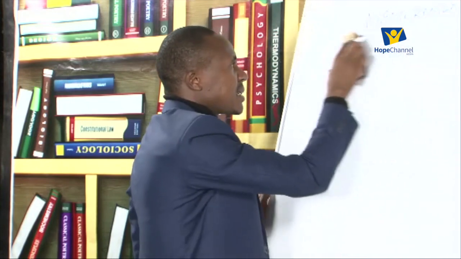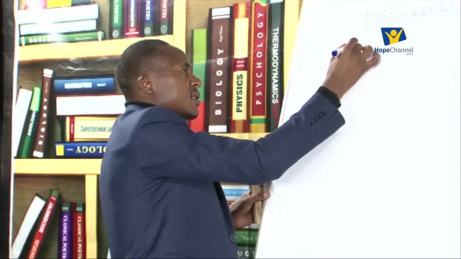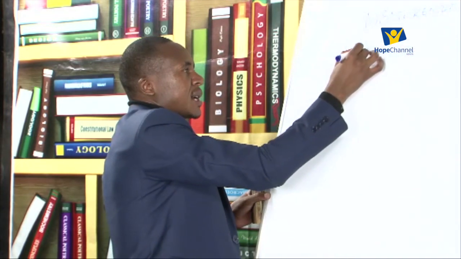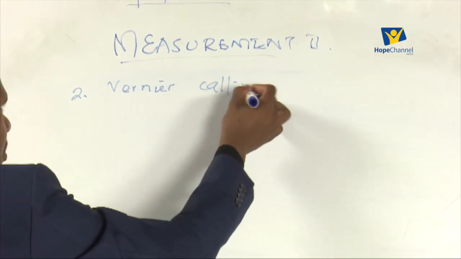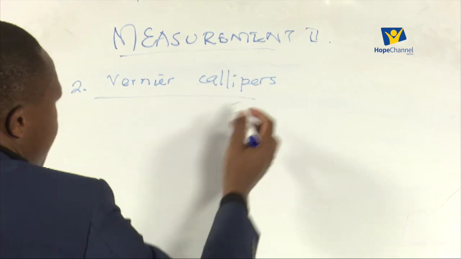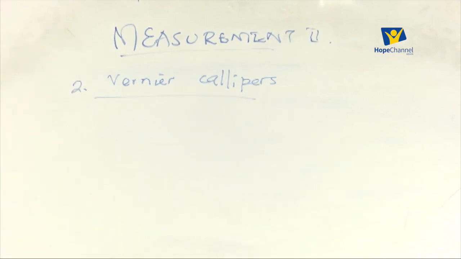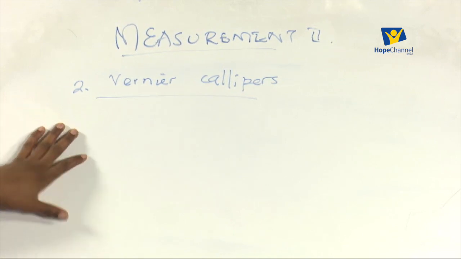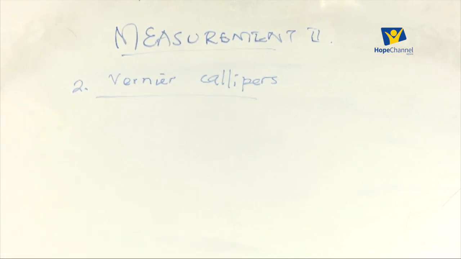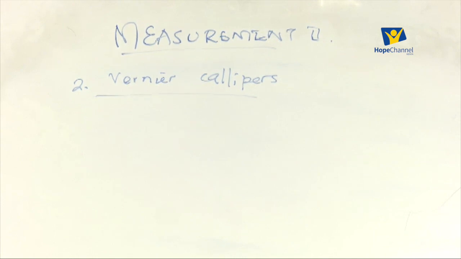A Vernier calipers is used to obtain slightly bigger or larger lengths, unlike the micrometer screw gauge, which gives us room to measure very small lengths. Vernier calipers also exist in two types. There are those which are analog, which have a scale like on a meter rule. You read and then you treat the different scales, and then you take the summation like for a micrometer screw gauge.